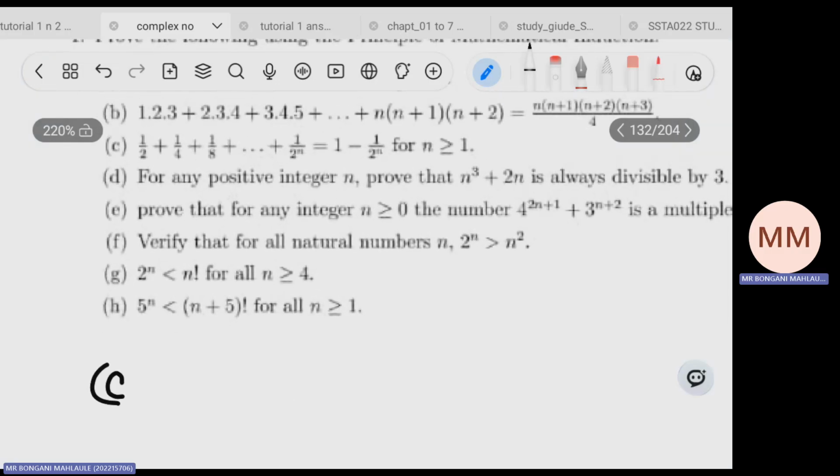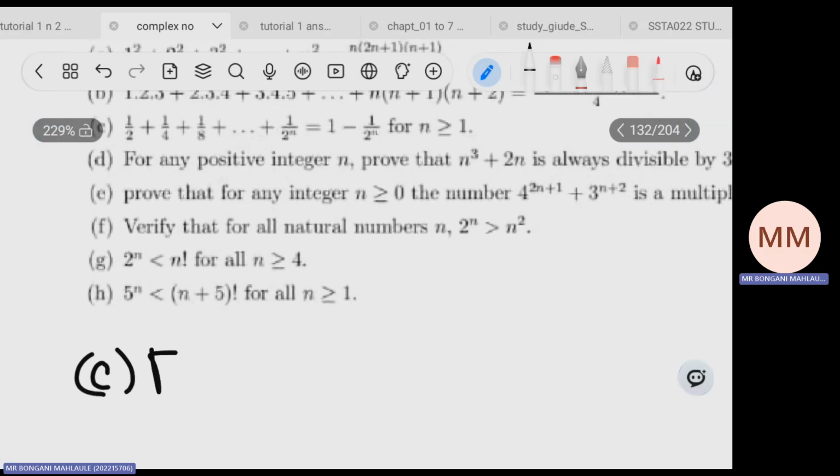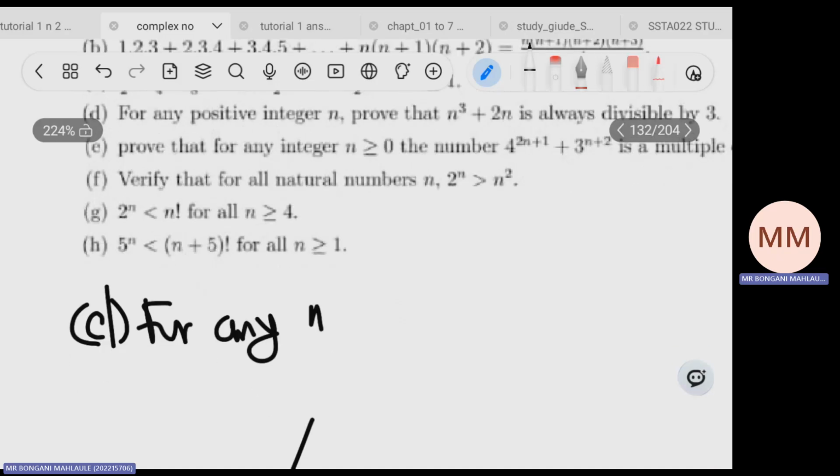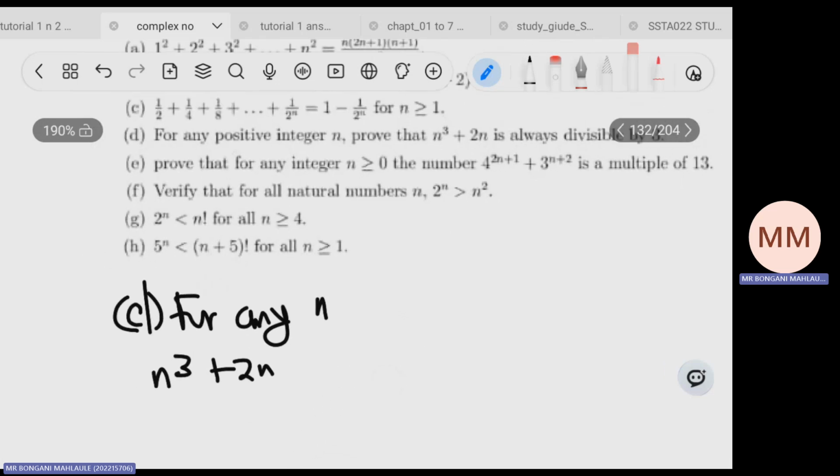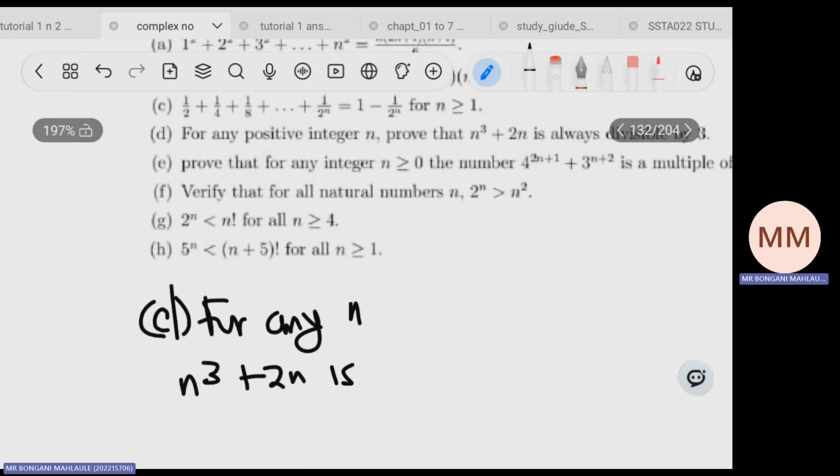Then let us see. For any positive integer n, prove that n cubed plus 2n is always divisible by 3.